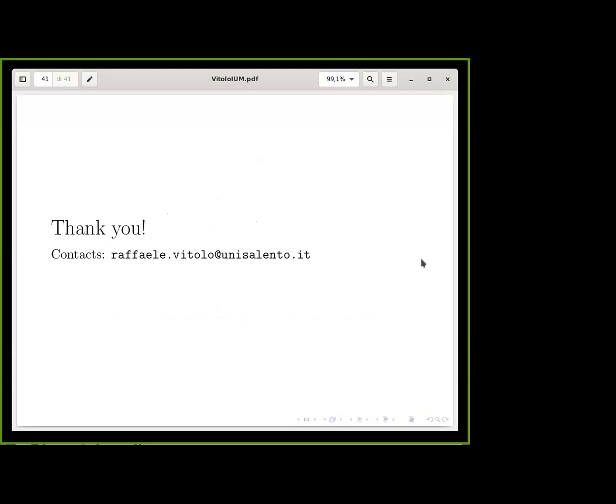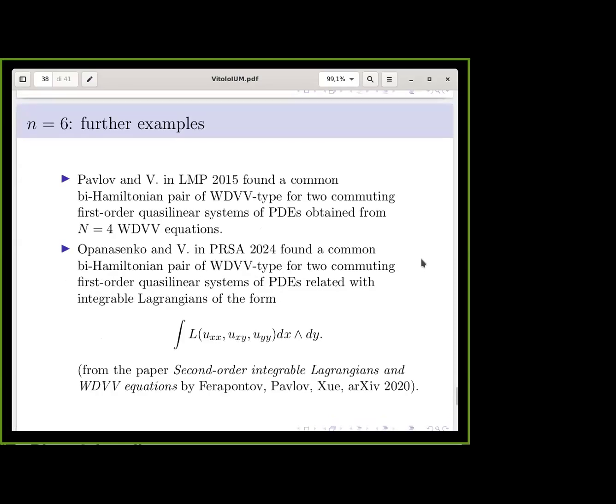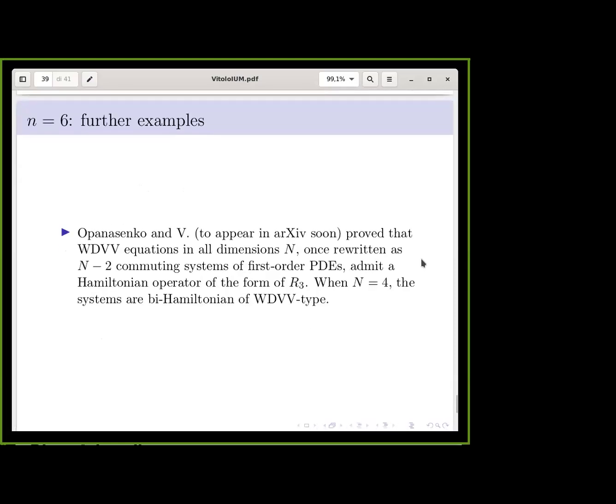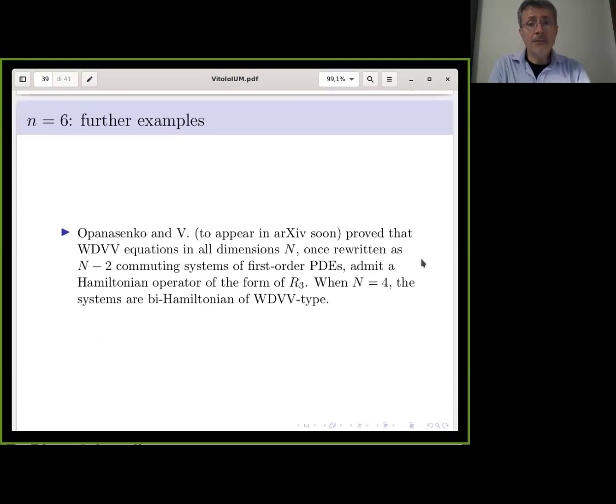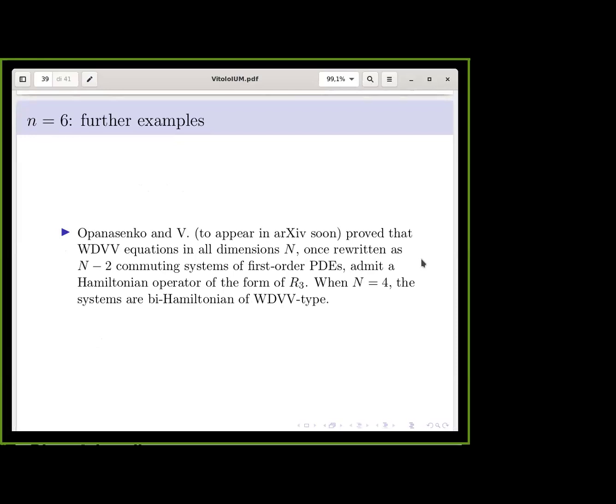So, for general WDVV, am I right that you found a third-order operator, but you still cannot prove that a first-order non-local operator also exists? Not in general. For n equals 4, yes, but not in general. Even for the next value of n, for n equals 5, can you check it?